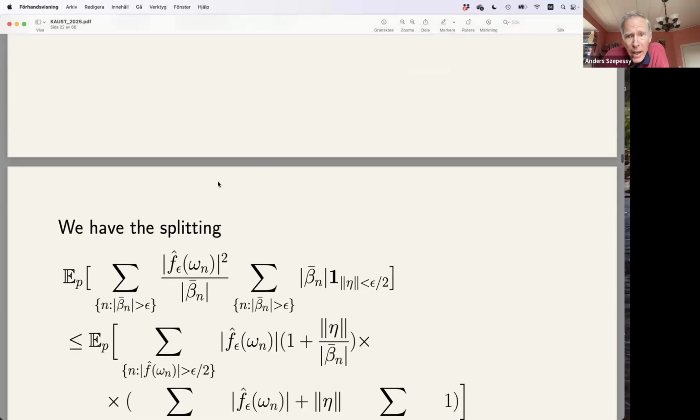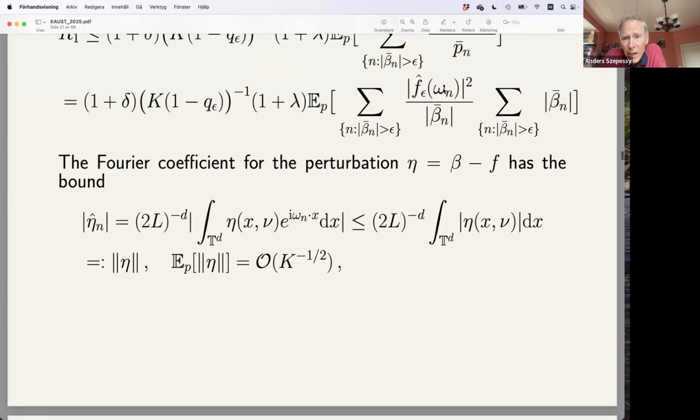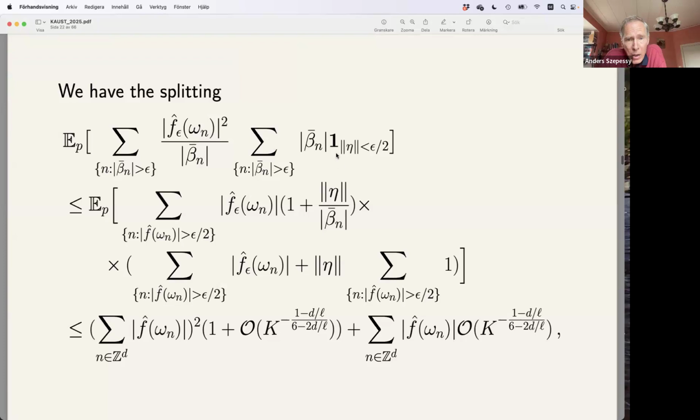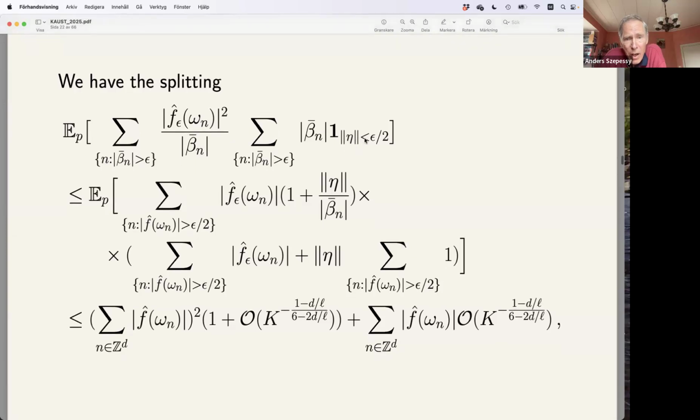Then we split up the error. What we have, this error, we split it up into two parts. One, when it happens, this event that the Fourier coefficient is small enough, namely epsilon over 2. So let us look at this case first, this event when the Fourier amplitude is less than epsilon over 2.